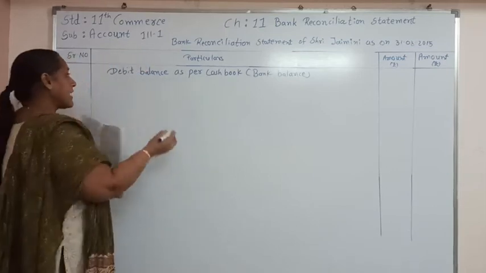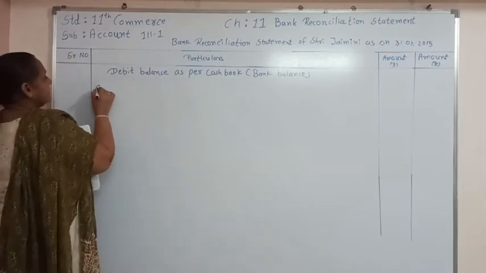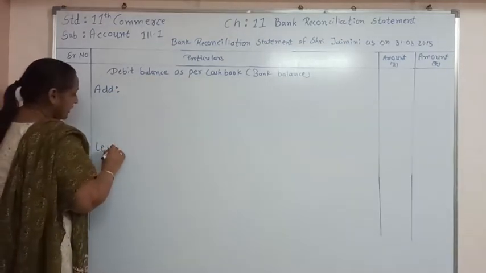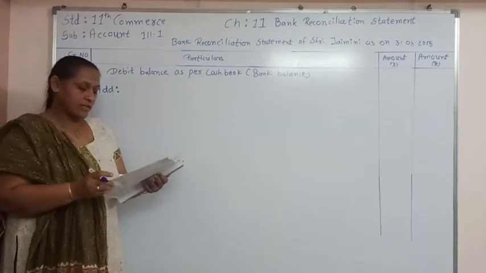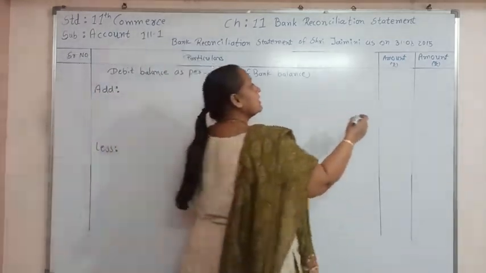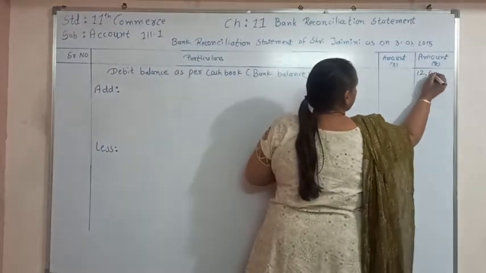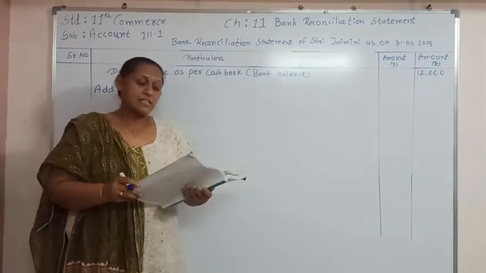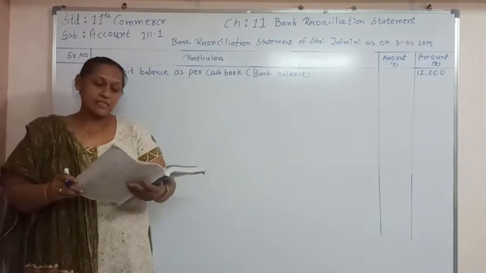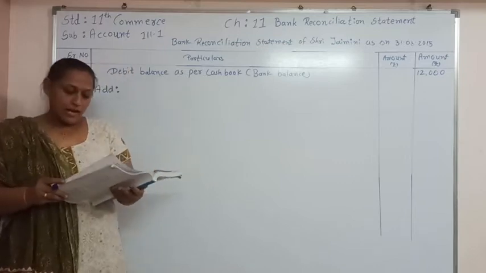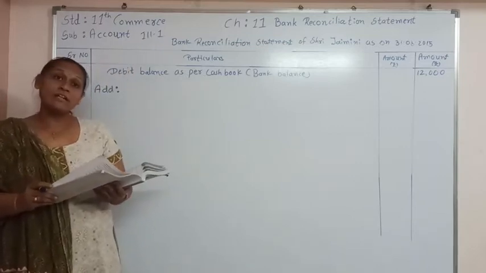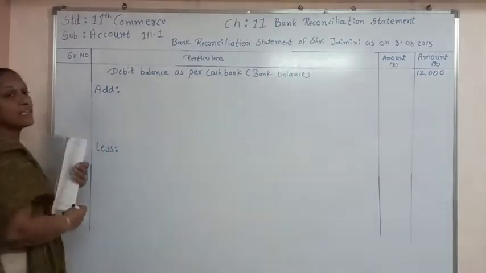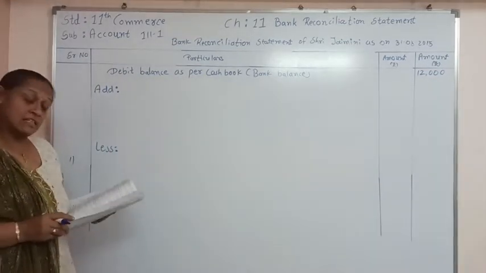So we will write here add and less. So here the balance of the bank was 12,000, that we will write here, and then we will less first transaction, that is a check of rupees 6,000 deposited in bank. So that is not credited by bank. So that will be the first transaction that we will less from the cash book.